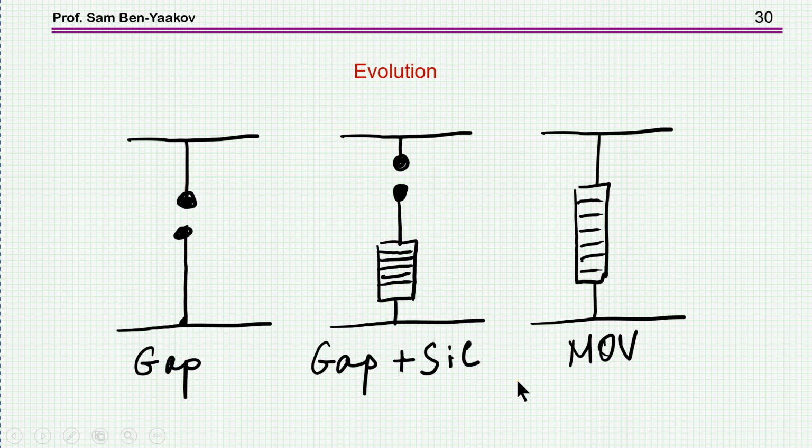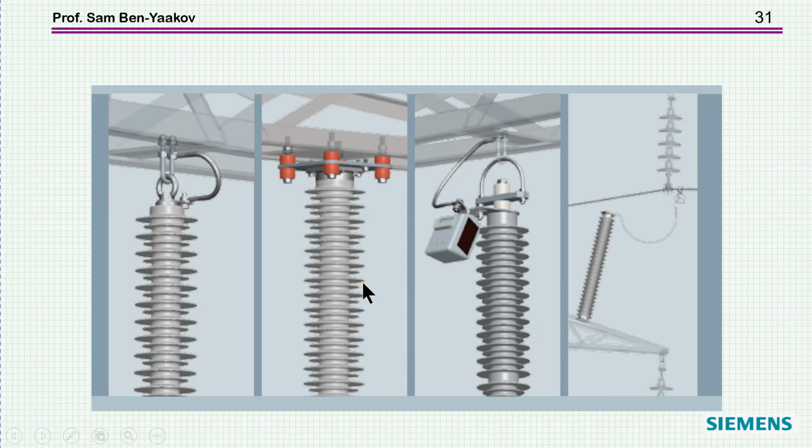And finally, there is a tendency today to move toward the zinc oxide varistors, in which they have relatively lower leakage. And I'm showing here some examples from the Siemens.